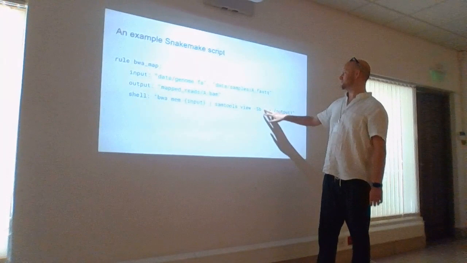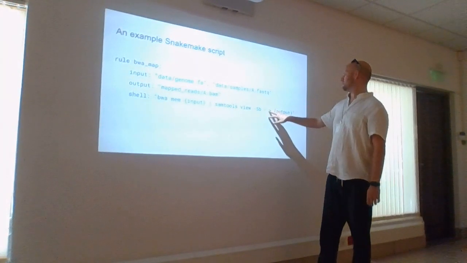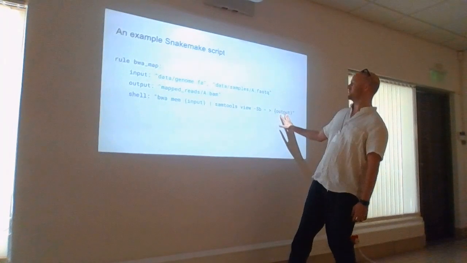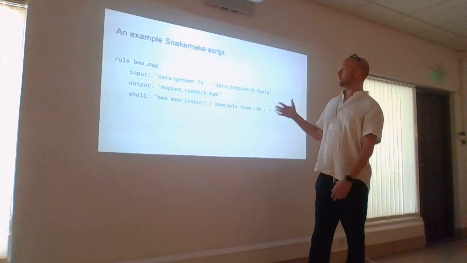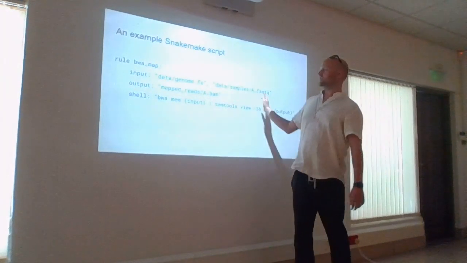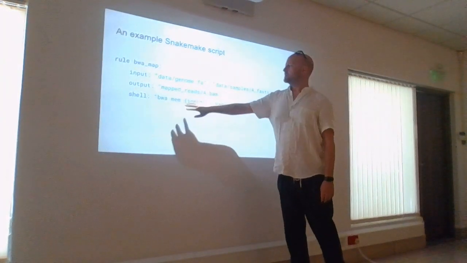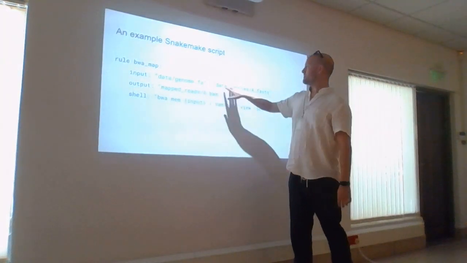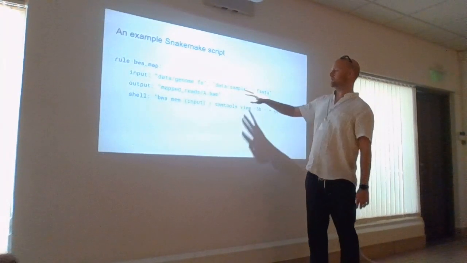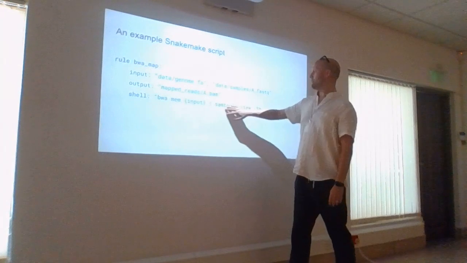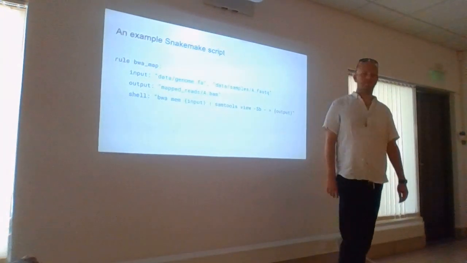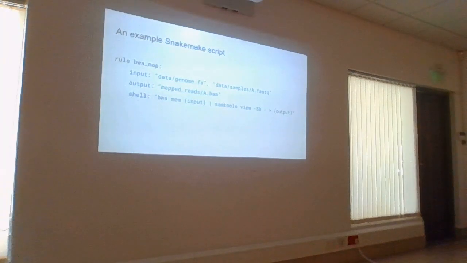Then this says to stream to standard out, I think. And then we pipe to output. Output is again Snakemake's special formatting, and it knows we mean this string. So this is going to map these reads to this reference, pipe them to samtools, which converts the SAM output by BWA MEM into a BAM, which is saved to this file. So that's one rule.